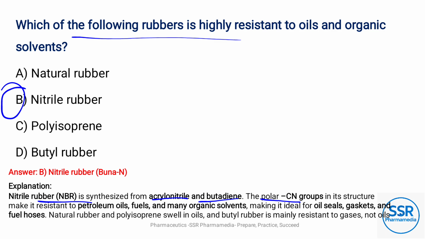The polar cyanide groups in its structure make it resistant to petroleum oils, fuel, and many organic solvents, making it ideal for oil seals, gaskets, and fuel hoses. Natural rubber and polyisoprene swell in oil, and butyl rubber is mainly resistant to gas, not oils.